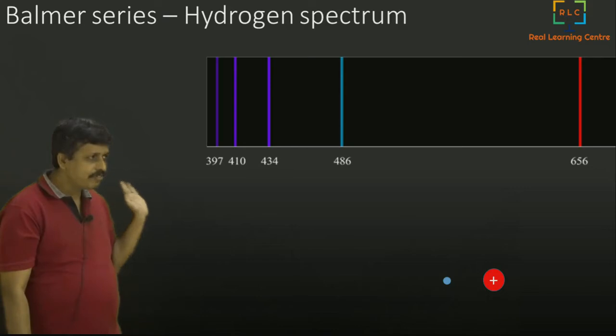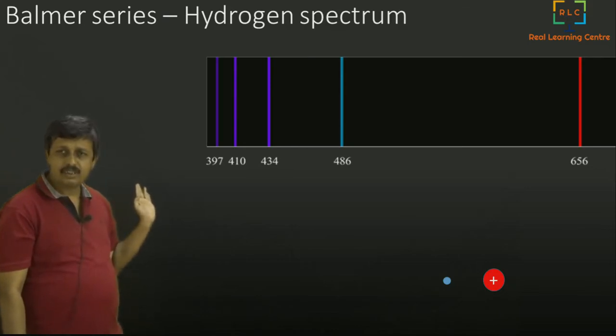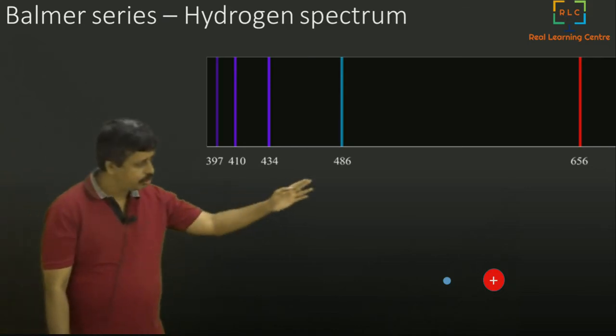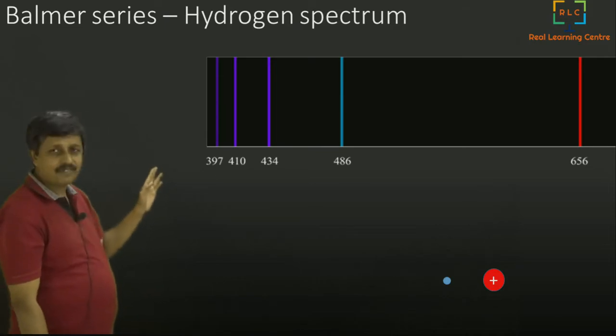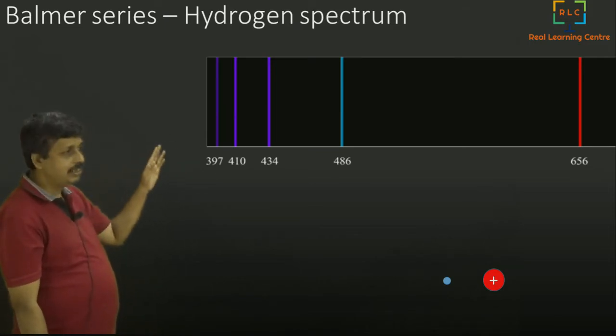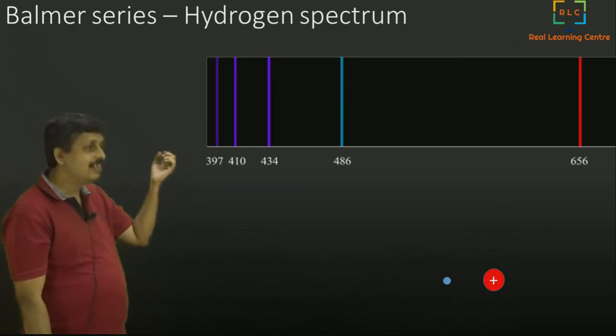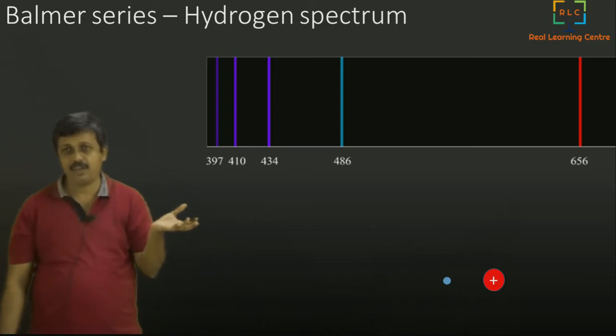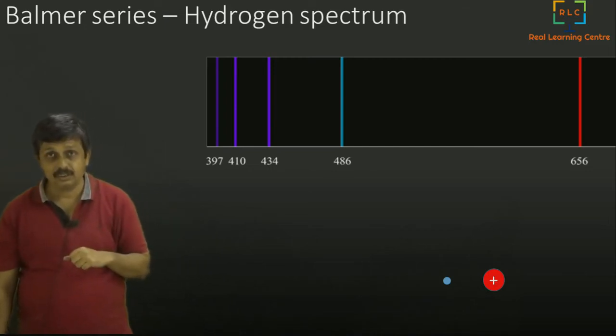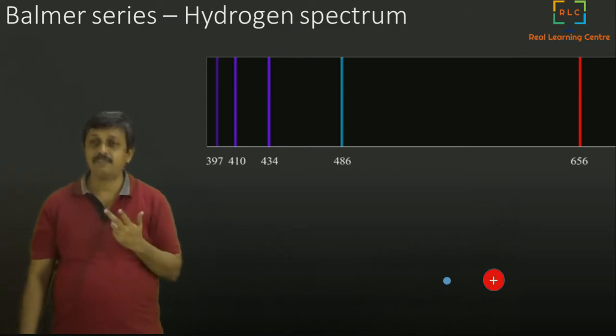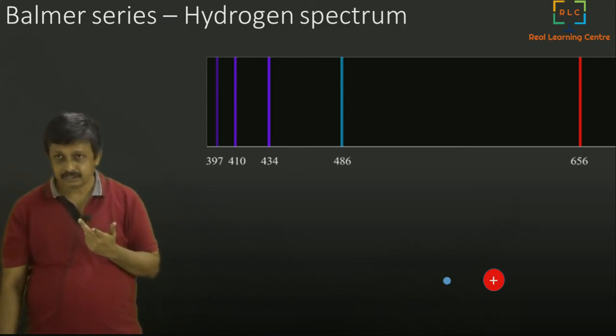There are many very small lines on the left side. When you go more and more towards the left, you can see that these lines are getting nearer and nearer, there are more and more of them, and they are becoming dimmer and dimmer. This is how he saw it. And he published a way of calculating these lines.